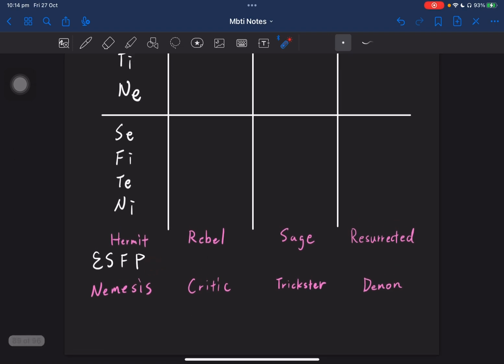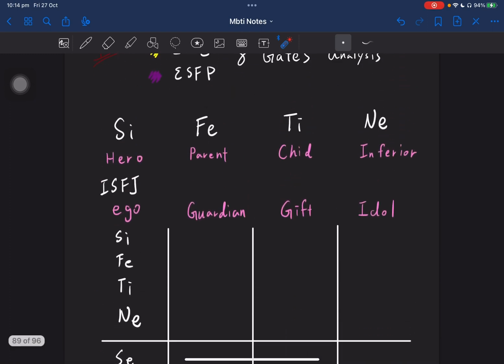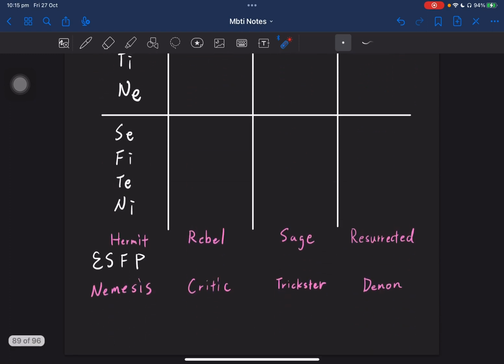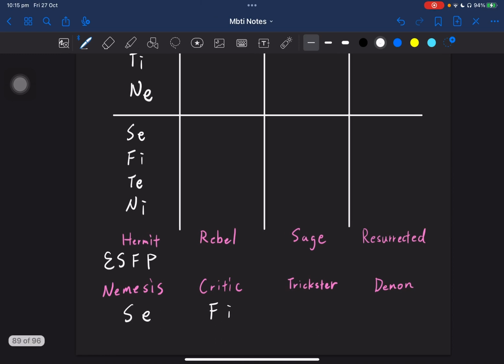If the cognitive functions are not matching the type that you are expecting, then you also need to check if you made a mistake somewhere. But once you have the hero and the shadow cognitive functions, you are pretty much all set to fill out the rest of the table.